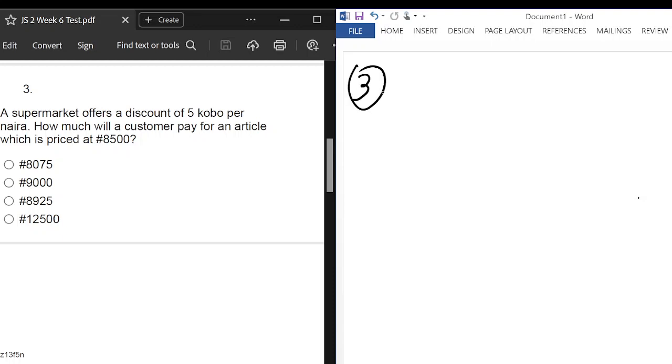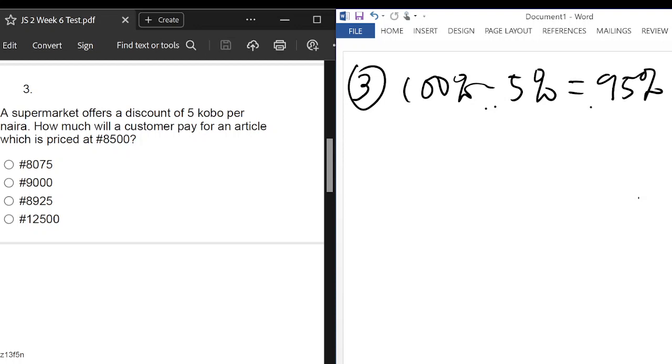So since it is a 5% discount, that means the customer is only paying 95%. That is 100% minus 5%, which is 95%. So that's what the customer is paying. We can do it in two ways. This is the first method.